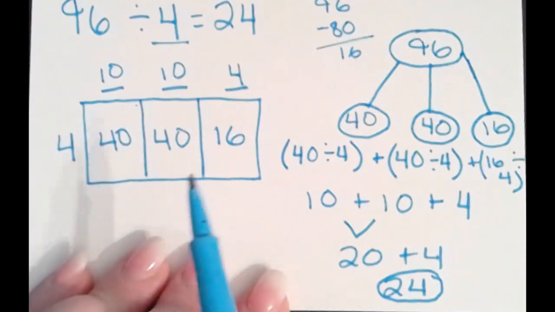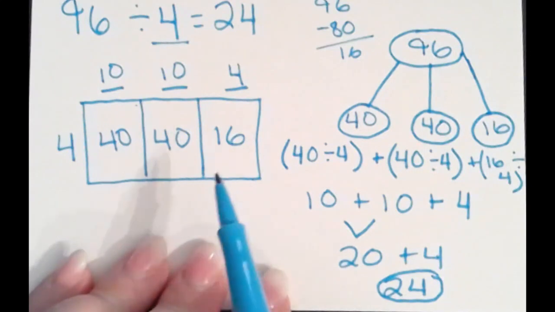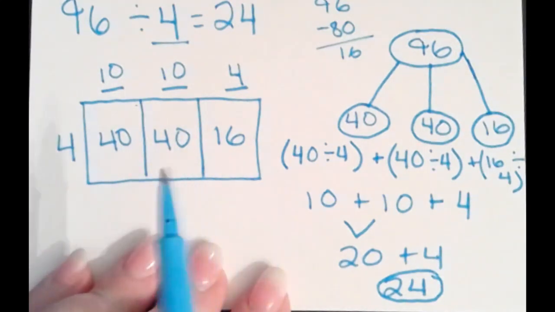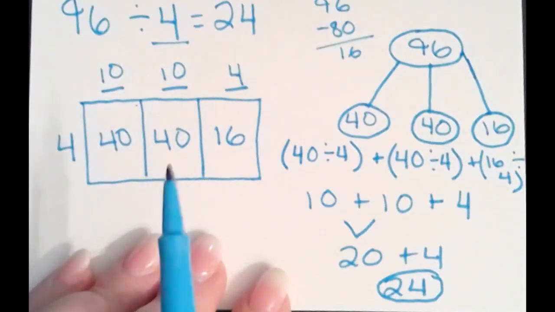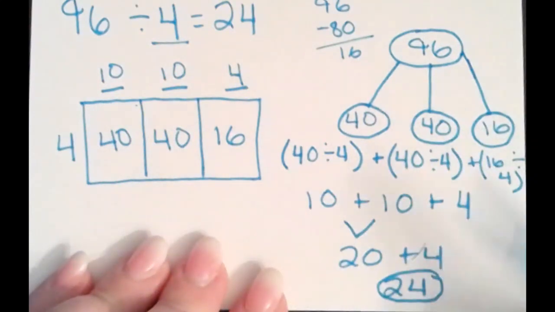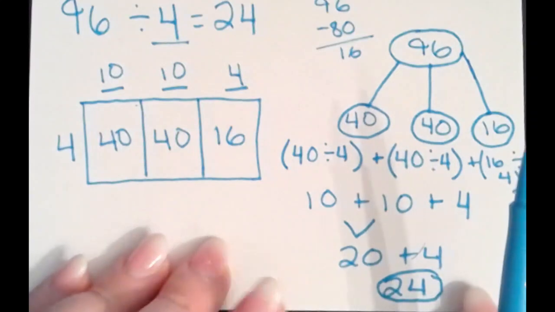Using our arrays and using our multiplication to help us, and even those of you that are familiar with the standard algorithm, that's great, okay? But arrays, using multiplication and the area model will be our main focus, and the number bond that goes along with it will also be our main focus as we continue and wrap up division.